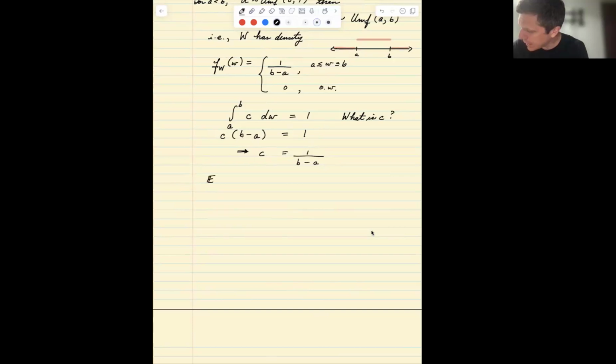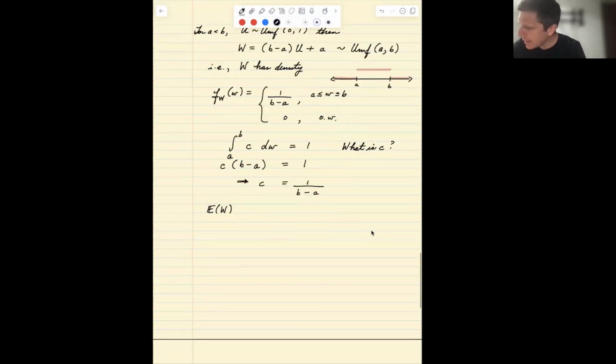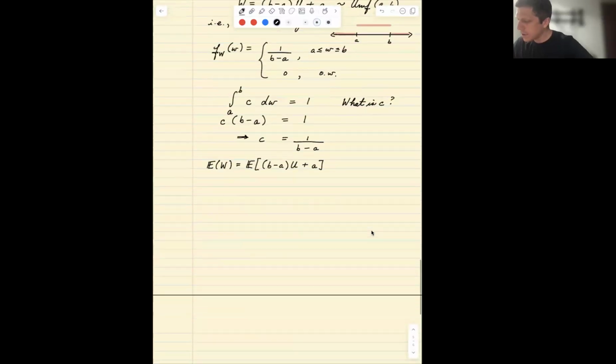We could calculate the expectation of W from the definition. Expectation is the integral where we weight each value by its density. But we have the expression here of, by definition, W is equal to (B minus A) times a uniform 0, 1 plus A. And we've already calculated these values for the uniform 0, 1.